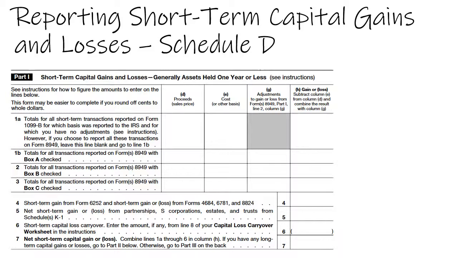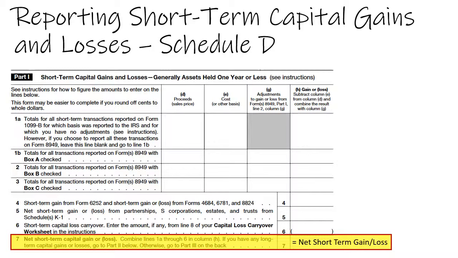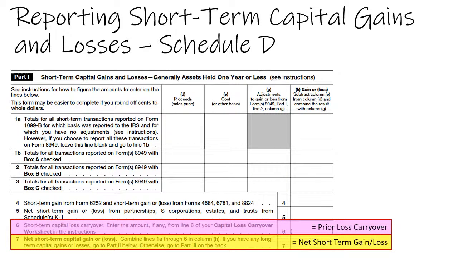This information is reported on Schedule D of Form 1040. The first part of Schedule D reports the short-term capital gains and losses. The net of short-term gains and losses is reported in line 7, and any losses carried over from prior years are reported in line 6. But we'll talk about this carryover provision in a little bit.